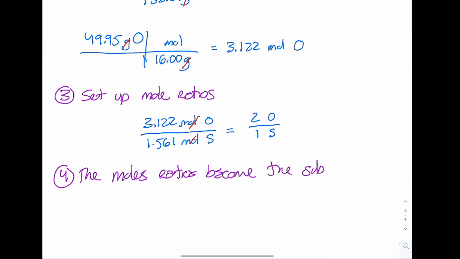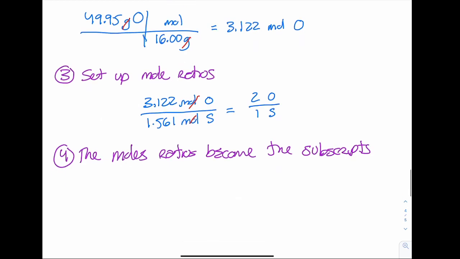And remember, the subscripts are representing the number of each type of atom that we have, and we can't have fractions of atoms, so we do need to round those to whole numbers. So we do need whole numbers.